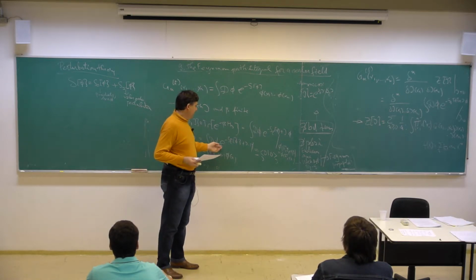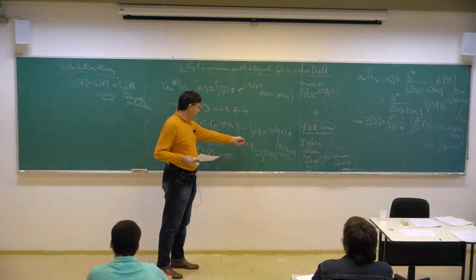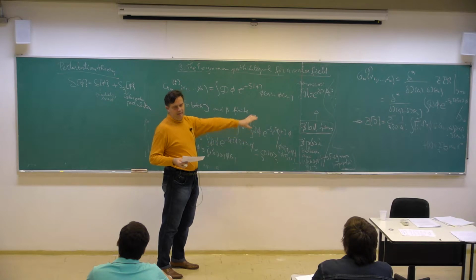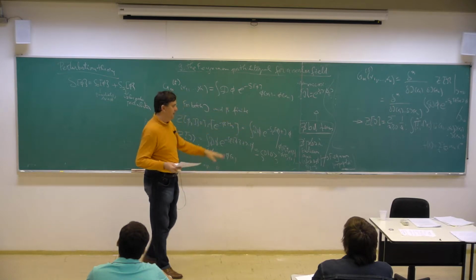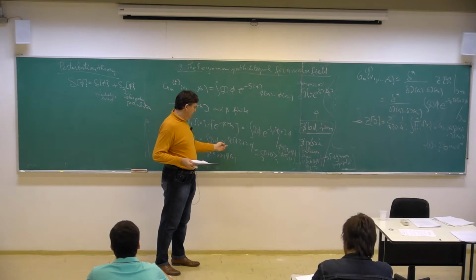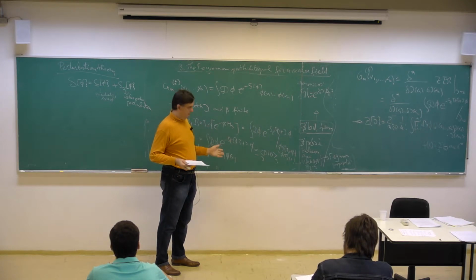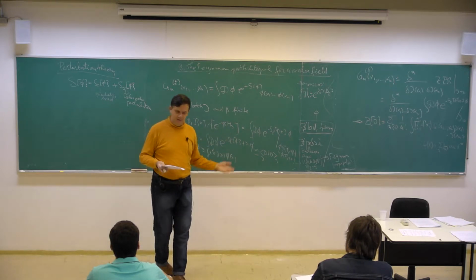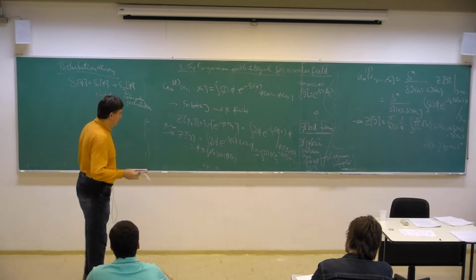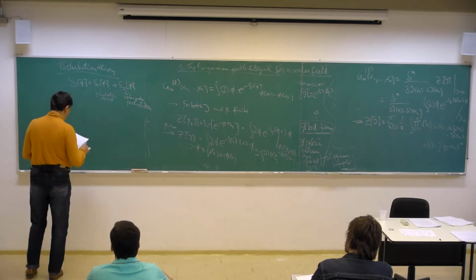And that would have been to expand this term into a classical piece, a quadratic piece, and then higher order, cubic, and so on. And for the leading part, which is the classical plus quadratic, we would use the saddle point approximation, that is Gaussian integration, and then the other ones would come as corrections. So that's a possibility.